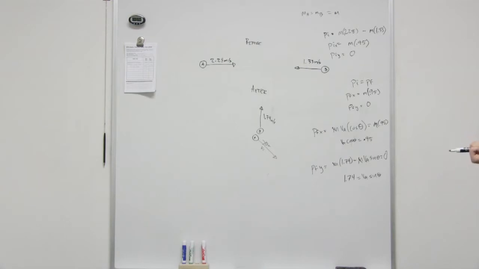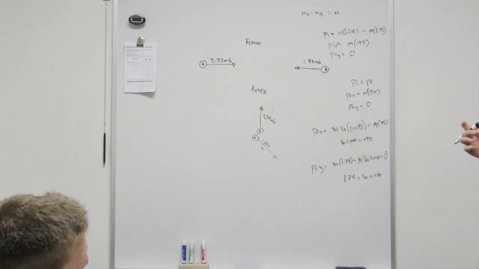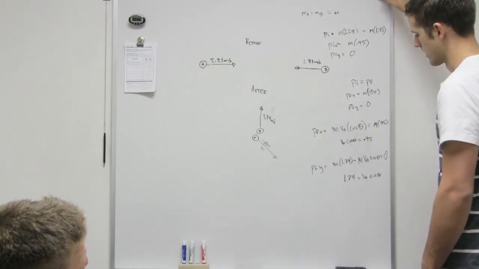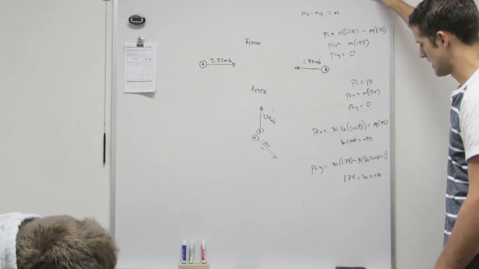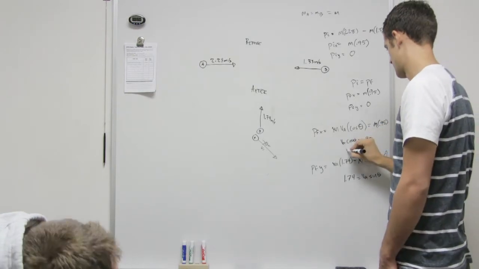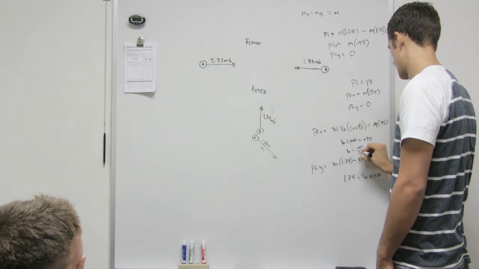So you have two equations with two unknowns. I would solve one of them for velocity A. So velocity A equals 0.95 over the cosine of theta.